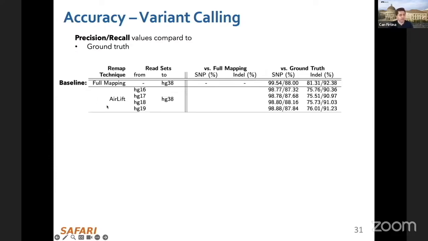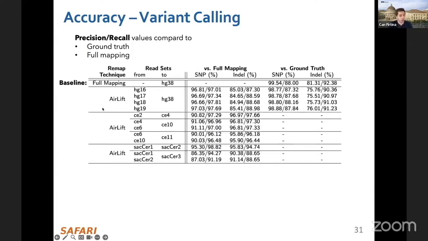And we do the same for AirLift by moving the reads from HG16 to 38, again, by using all the older versions of the human genome. And we generate, again, the accuracy results by looking at the ground truth values. We also compare the variant calling results that AirLift generates with the variant calling results that the full mapping generates. We again generate the accuracy results for that.